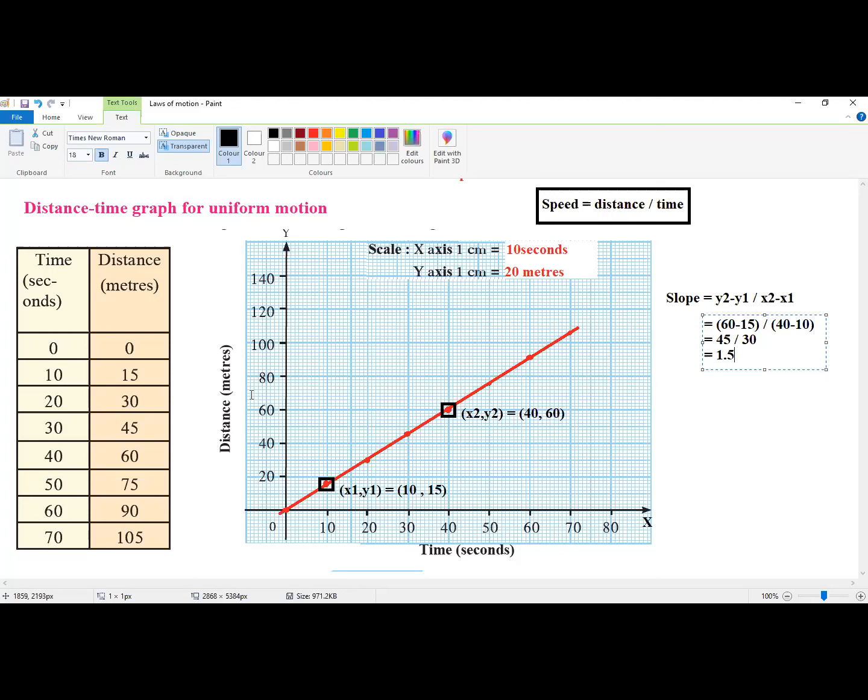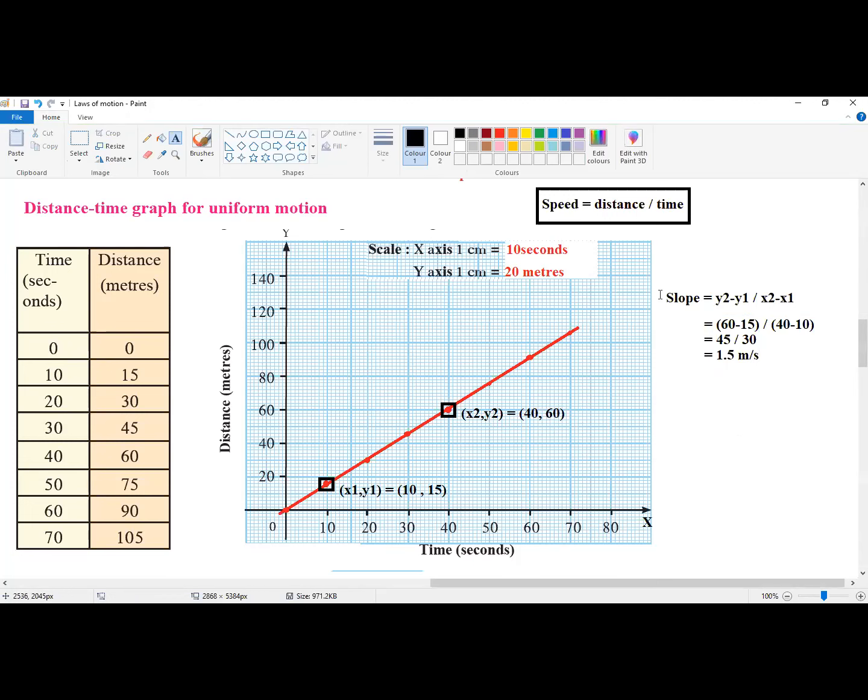See, the y coordinates are related to distance, so the unit is meter, and the x coordinates are related to time, so the unit is second. So meter per second, 1.5 meter per second, is nothing but speed.